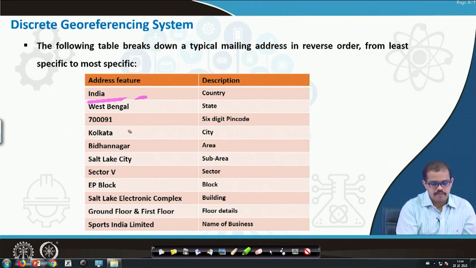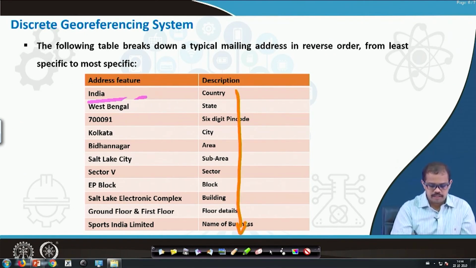Then we look at the 6-digit pin code, then the city, then the area, then the sub area, that is Salt Lake City, then the sector, then the block, then the building, and then the floor name. So now we are indirectly looking at different hierarchies here. The final thing is the name of the business.